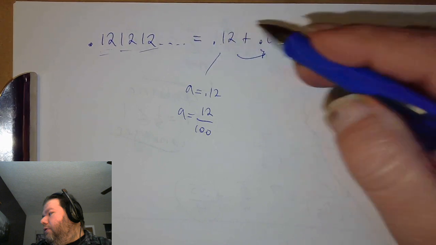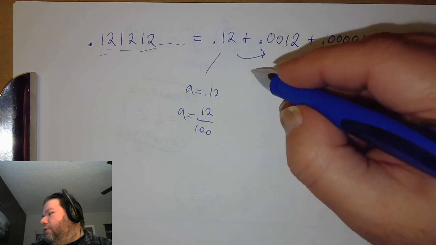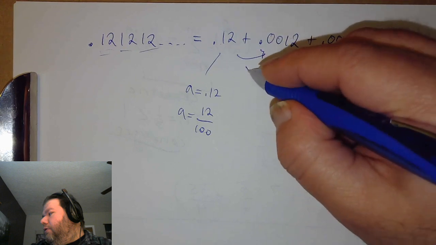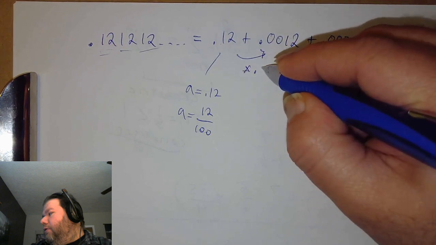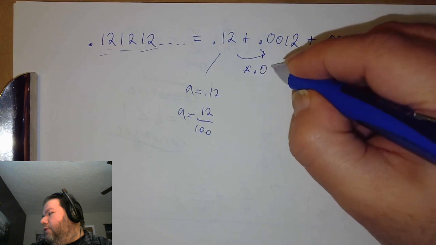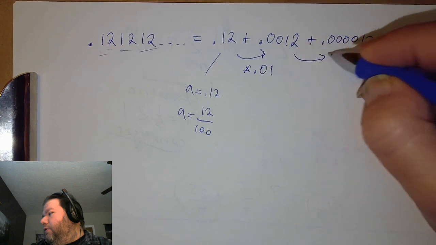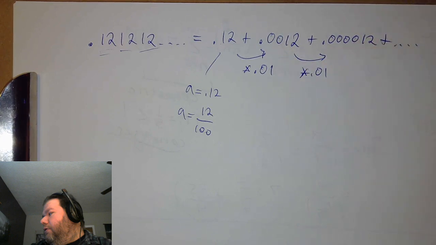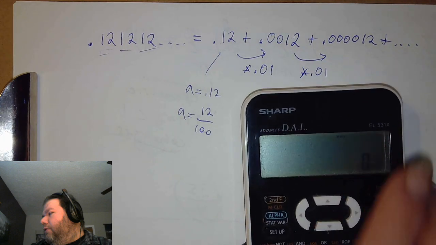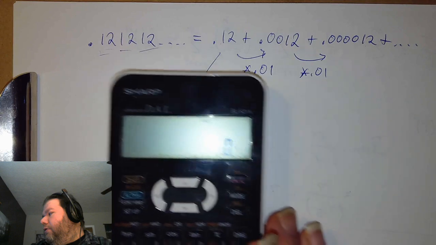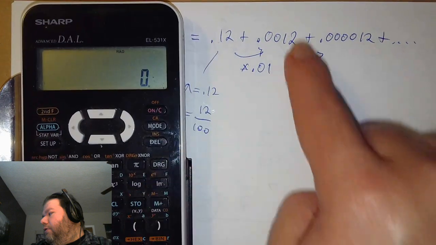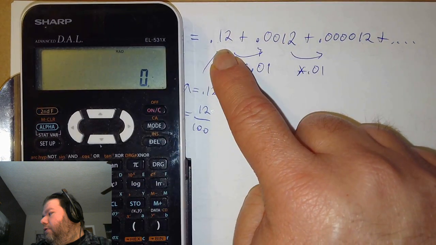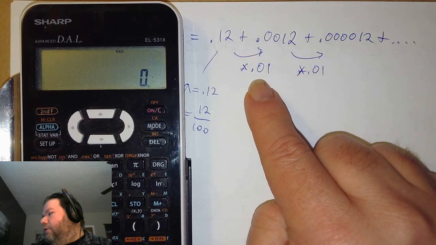How do we get from 0.12 to 0.0012? We multiply by 0.01. And same thing's true here, times 0.01. And again, the way that we test this out is we can take the second term divided by the first term, and it should equal our common ratio.